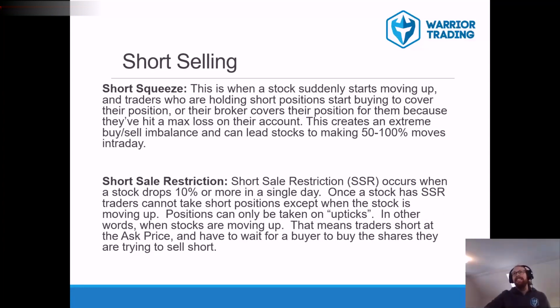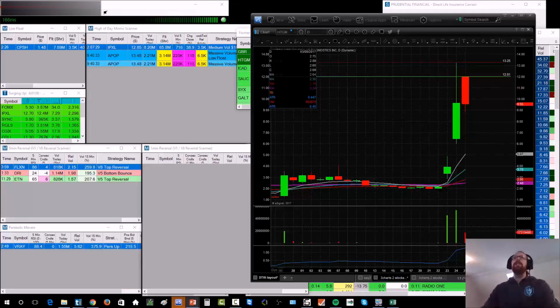So when a stock suddenly spikes up 20, 30, 40, 50%, and you have a high level of short interest, people that are short are going to start covering, and that fuels the imbalance between buyers and sellers. So imagine a stock that has a 4 million share float and they come out with news. Well, let's just take a real example.